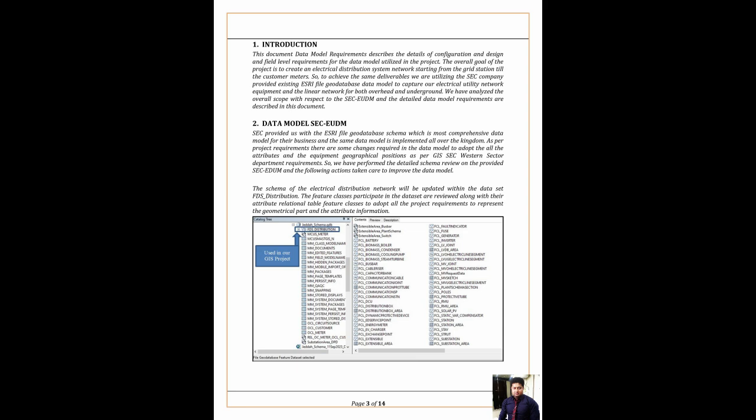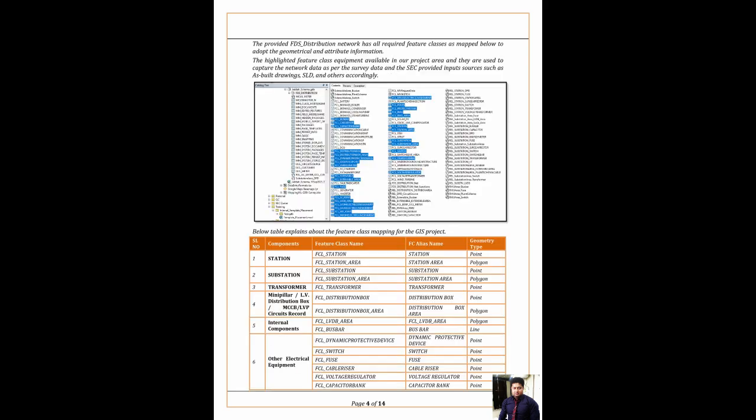The feature classes participating in the dataset are reviewed along with their attribute relational table feature classes to adopt all the project requirements to represent the geometrical part and the attribute information. The provided FDS_distribution network has all required feature classes as mapped below to adopt the geometrical and attribute information.